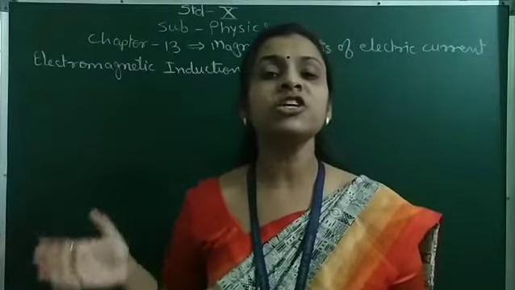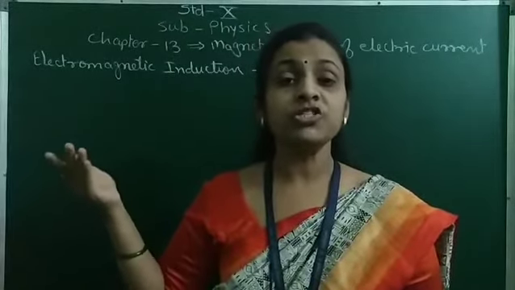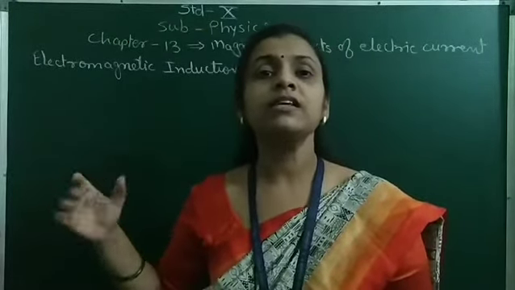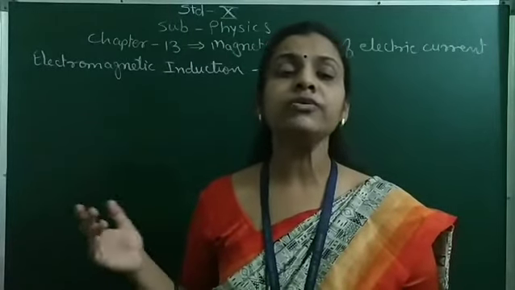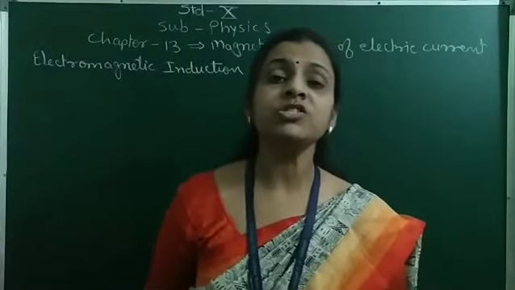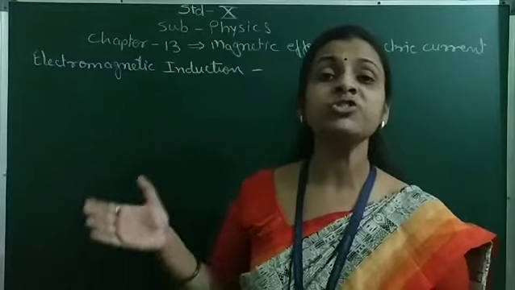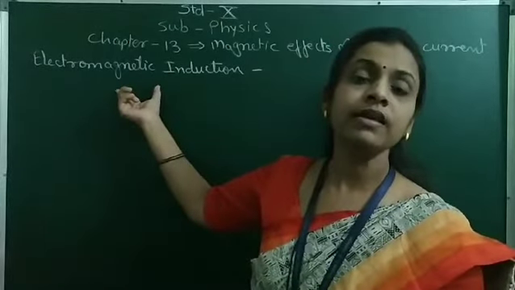Due to that change, a potential difference is induced, which we call induced potential difference, and therefore current is induced in the coil, which we call induced current. So the phenomenon by which an EMF or current is induced in the coil due to the change in magnetic field is called electromagnetic induction.